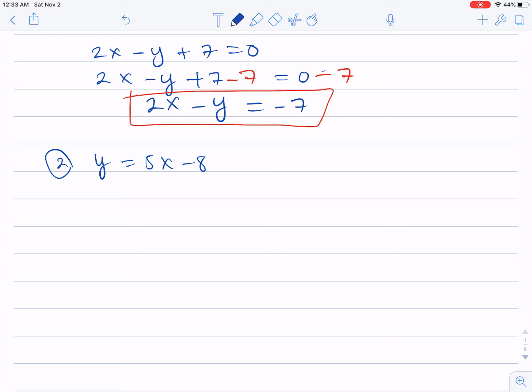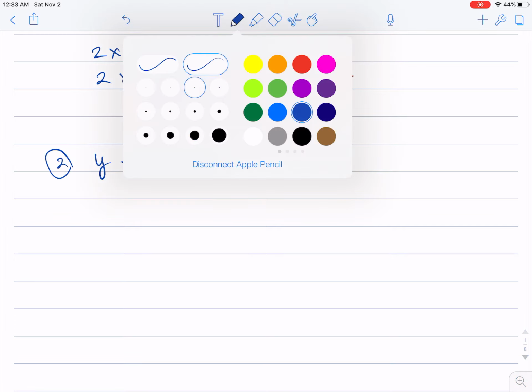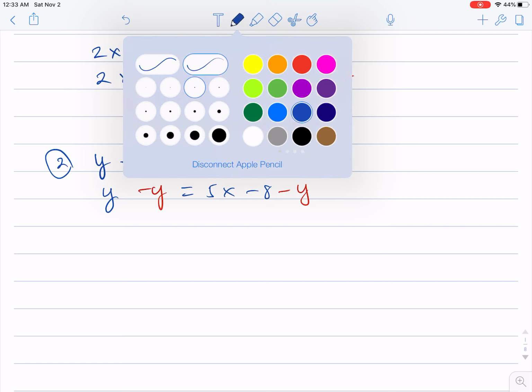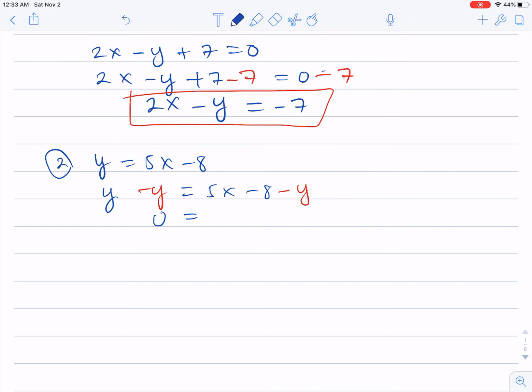Kumpara dun sa y lang yung tatanggalin natin. So again, we subtract y from both sides. Y equals 5x minus 8. So we subtract y para maging 0 yung nasa kaliwa. And then we have 0 equals 5x minus 8 minus y.